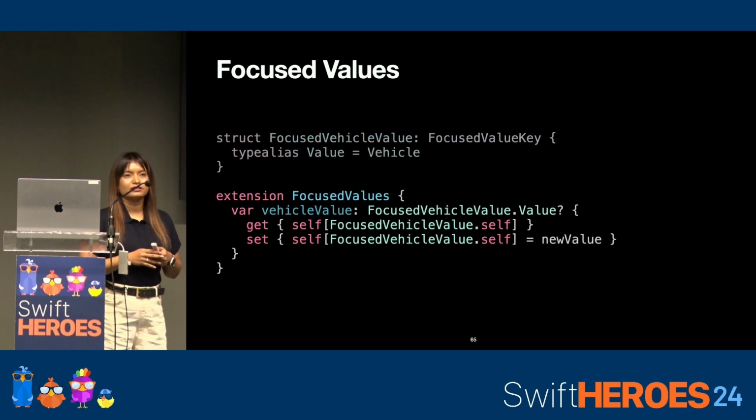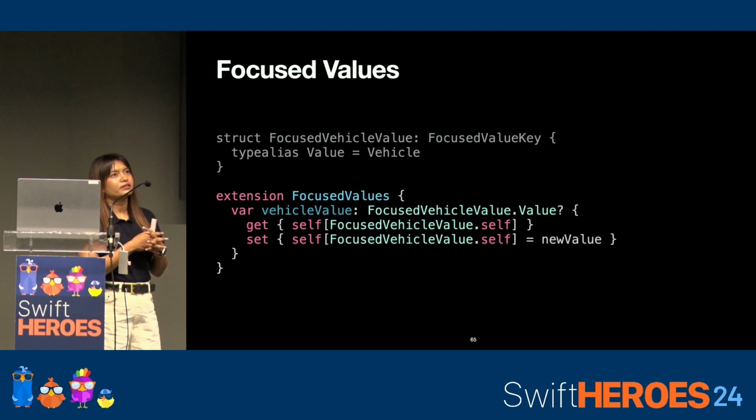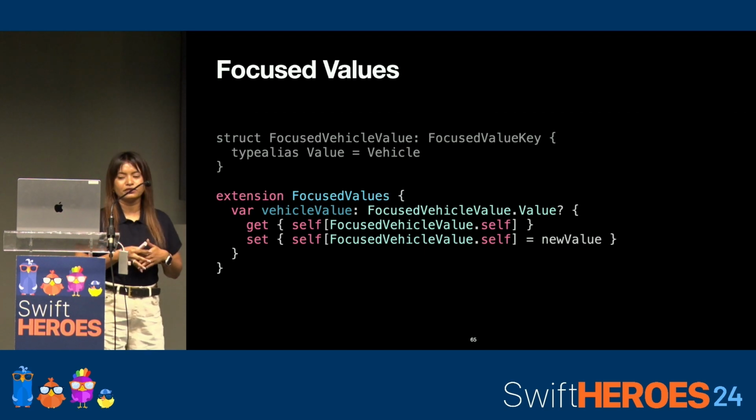And then the next step is to add a new property to the FocusedValues collection. The FocusedValues collection can be thought of as an environment object, but for focus related stuff. So it's like a global thing that you can access from wherever you want, and we've added a new property here. So if in case you have navigation bars and your navigation items can be in focus, you add another property and say, oh, navigation item.